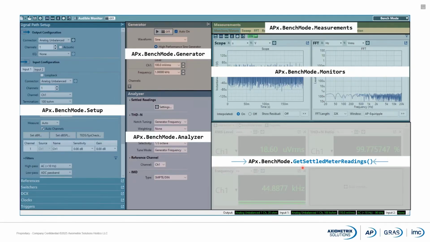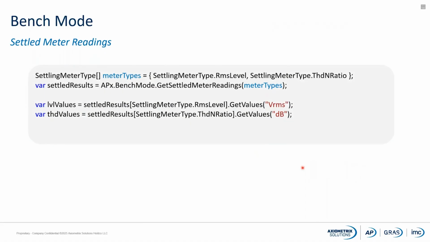What this allows you to do is, at any time, regardless of which measurement you're looking at, use this API to get any number of settled readings at the same time. The way it works is you need to create an array of meter types containing all of the readings that you want to take.